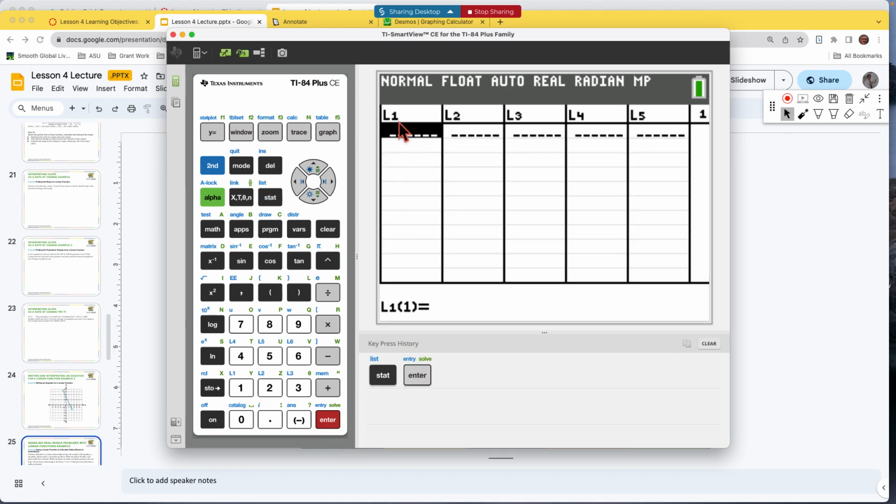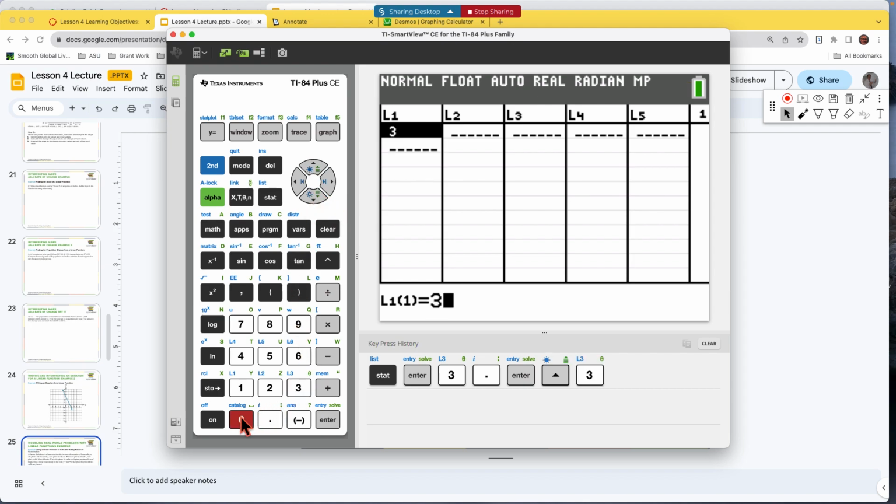You should see an L1 and an L2. That's your list 1, your list 2. That's your X and your Y. So we're going to enter in 30 for the X. Oops, that's 30, 30. Try that again. And then 34 for the second X, because when you hit enter, it just goes down.